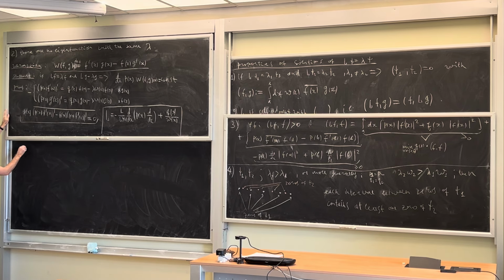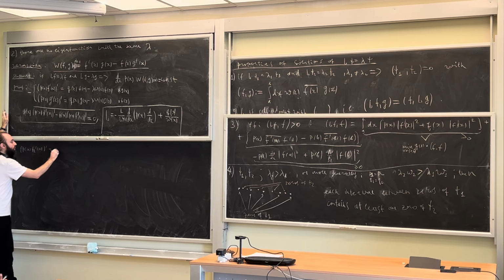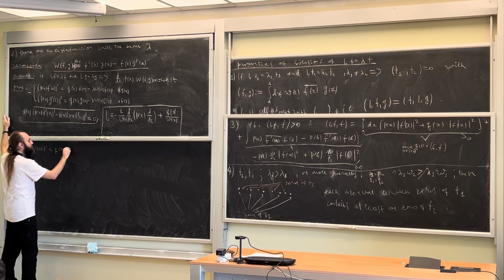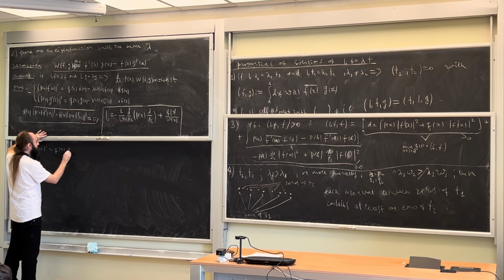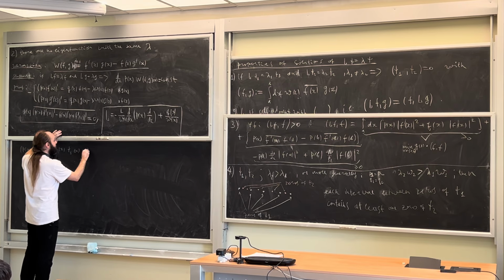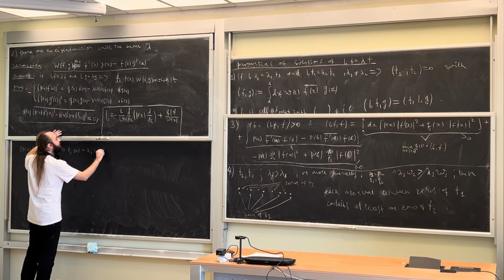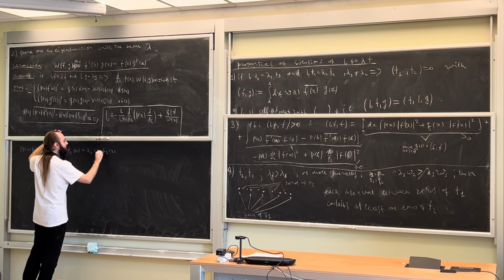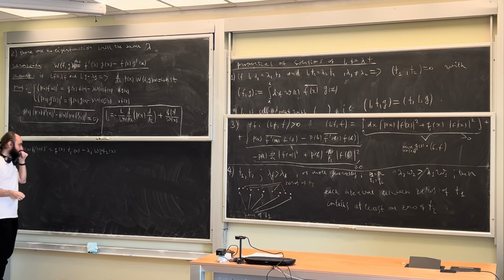So we have p of x psi1 prime of x, prime, equals q of x psi1 of x minus lambda 1 w1 psi1 of x. And the same for psi2.